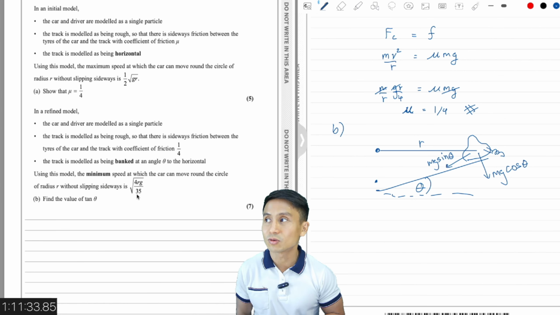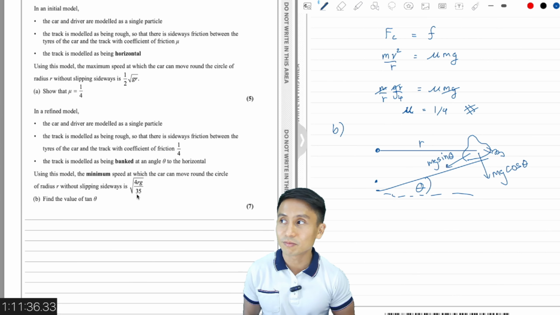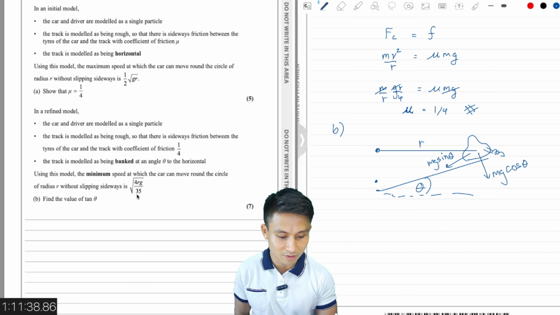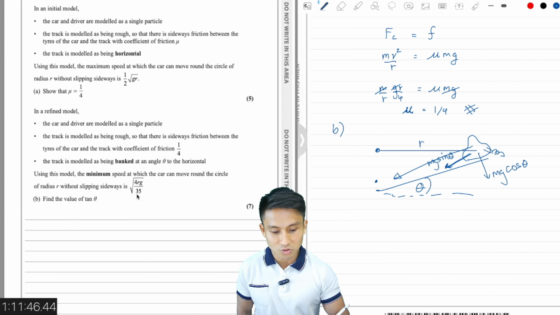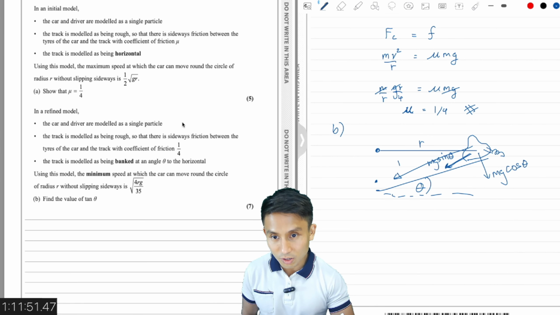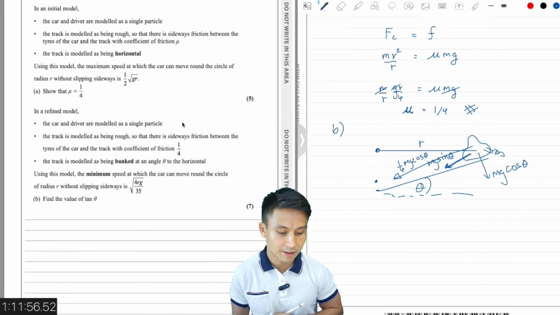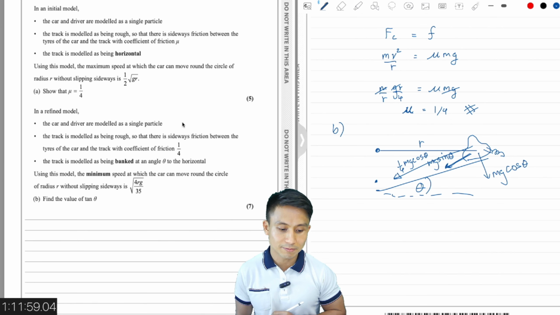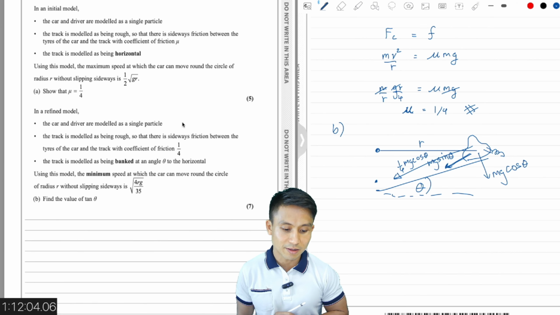If you accelerate up, the friction should be towards the center. Okay, so we are assuming that this is at limiting equilibrium, where friction helps keep you in the circular motion. So this will be 1 over 4 mg cos theta. That's the friction there. The mg sin theta is the weight component, and that's all you have for centripetal acceleration.